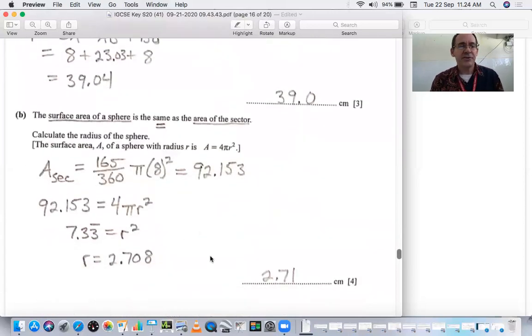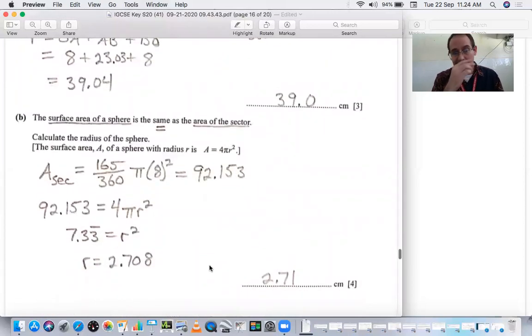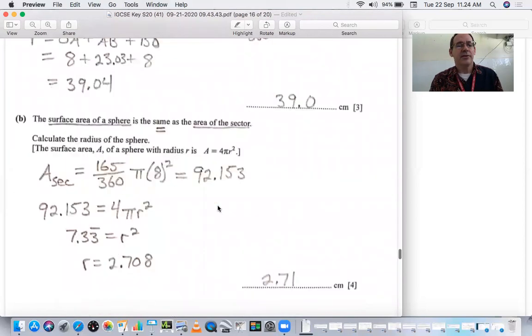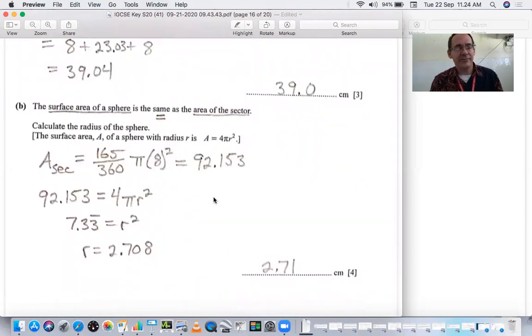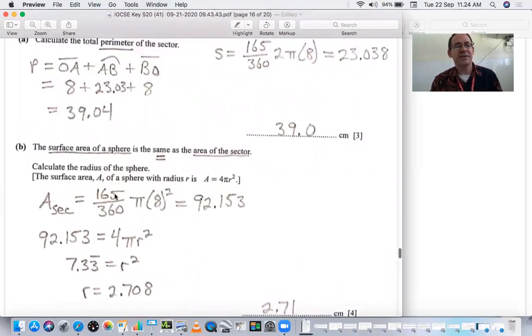Now to find the surface area of a sphere that has the same area as the sector. So we need to find our area of the sector, 165 out of 360, now times pi r squared, because we're dealing with area of a sector, and the area of a circle is pi r squared. This is the fraction of the circle we have, equals 92.153.